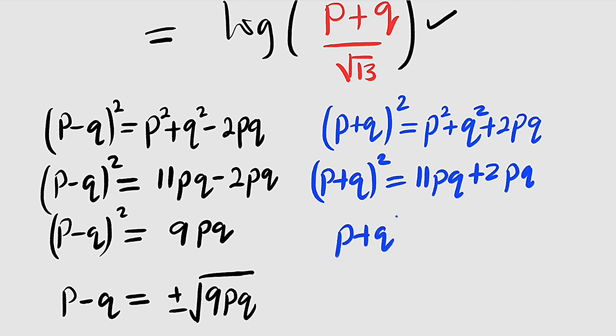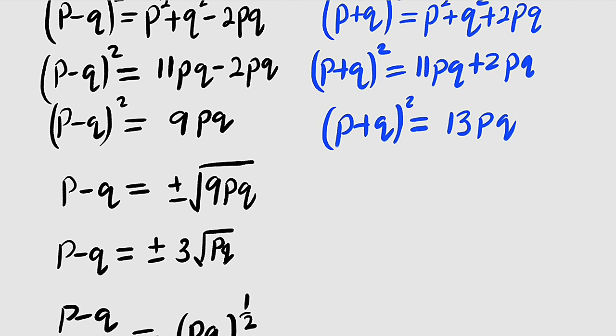p plus q squared is equal to 13pq. Take the square root of both sides. You have p plus q equal to the square root of 13pq.